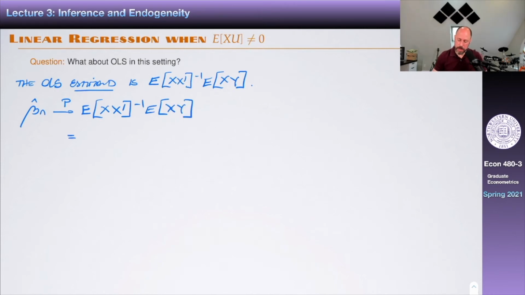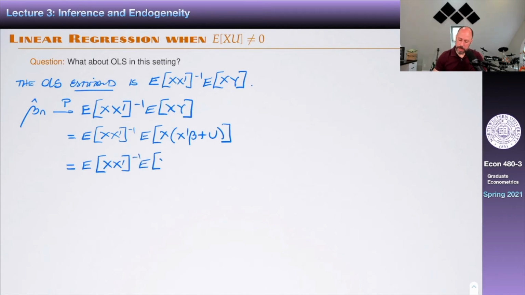Now, what we can do is replace y by x prime beta plus u. And then if we work out the second expectation, we have this expression.